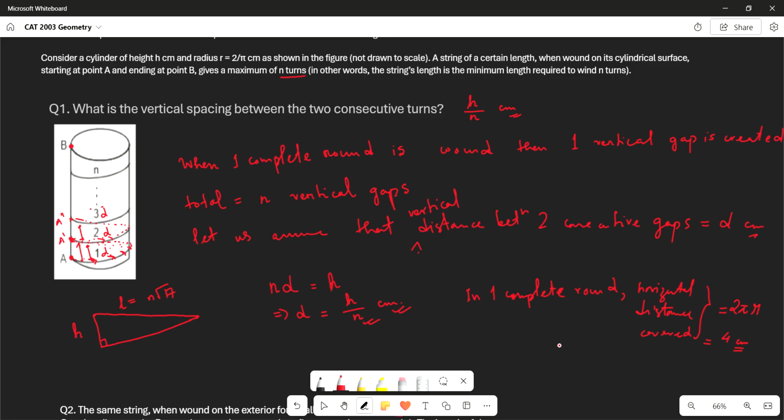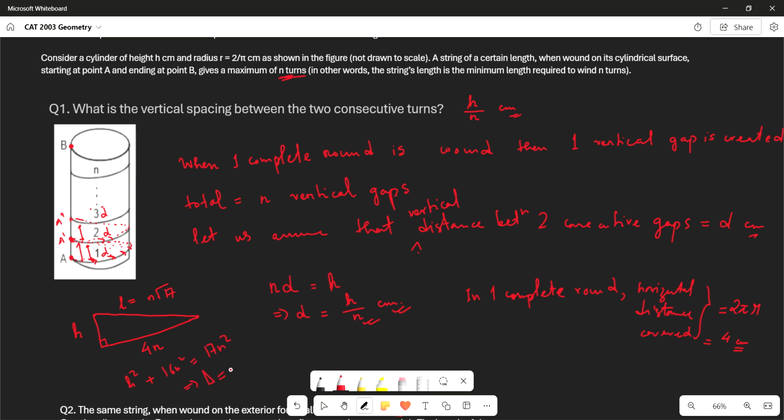How many complete turns or rounds am I winding in the cylinder? n, right? We are already given n turns, so this will be 4n. So using Pythagoras theorem, h square plus 16n square is equal to 17n square.